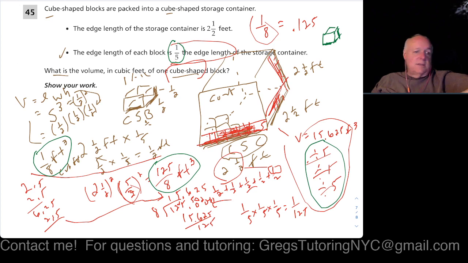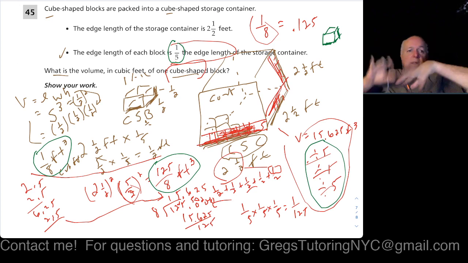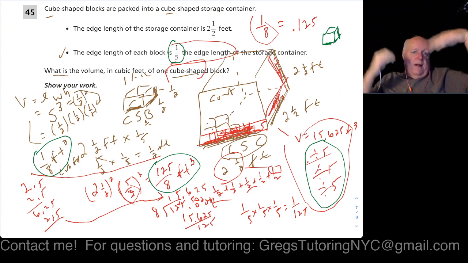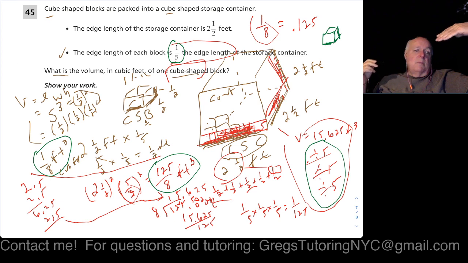Because enough students will get all the correct numbers, and they'll end up multiplying it by the 1/5. All right? And be careful. Follow this through. I would replay this whole answer, because this is a good deep question, just to be sure that you know when you're multiplying by a fifth and when you're dividing by a fifth.